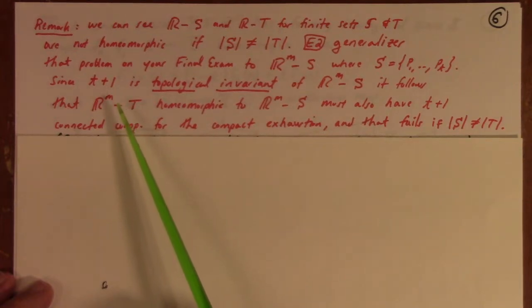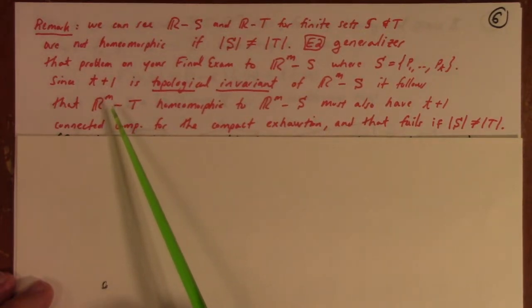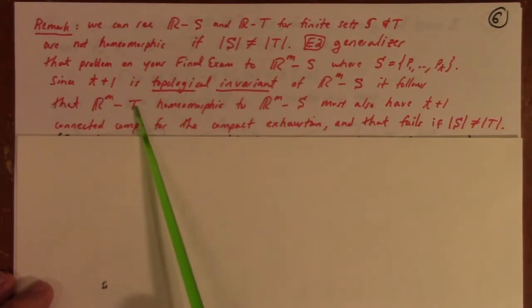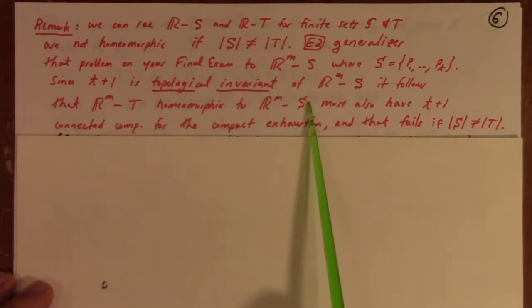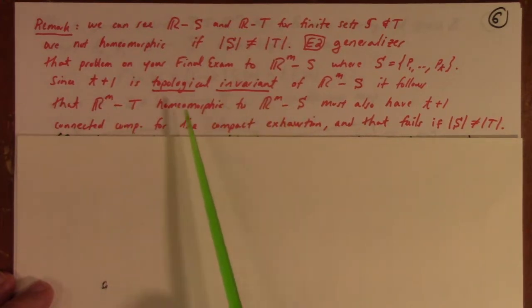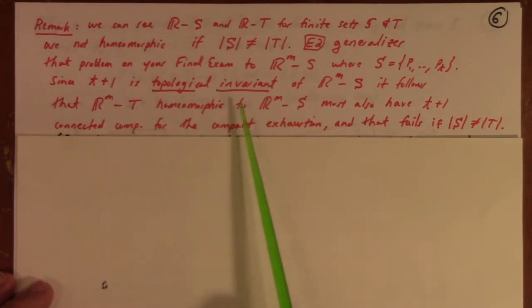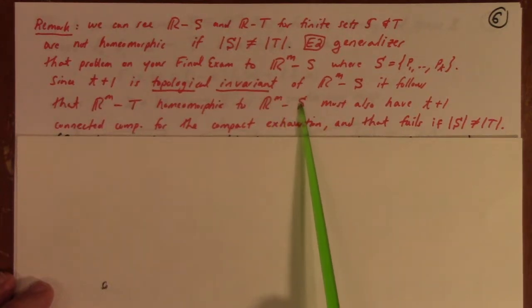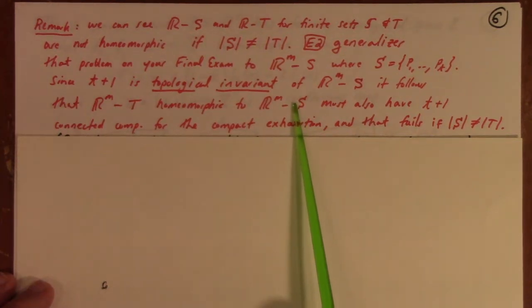since the exhaustions are carried over by homeomorphism, if it was the case that this was homeomorphic to that, in the case that the size of S and T was different, then you get a contradiction, because you'd be able to take that exhaustion, map it over to that exhaustion. But we already know that any exhaustion already results in the same number of connected components for the complement of the exhaustion.